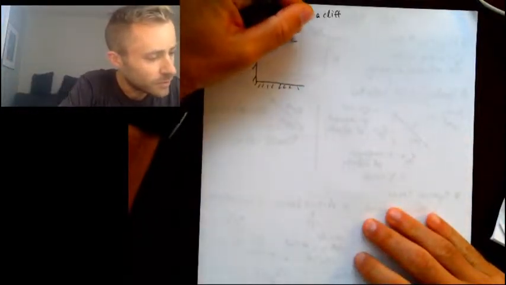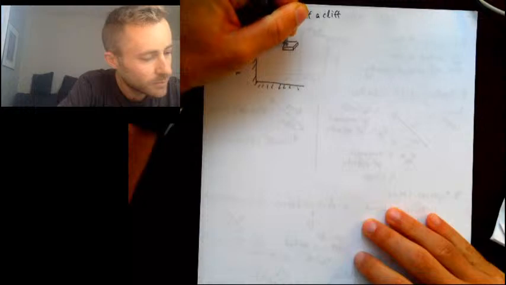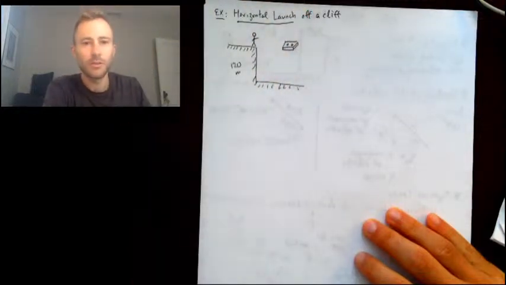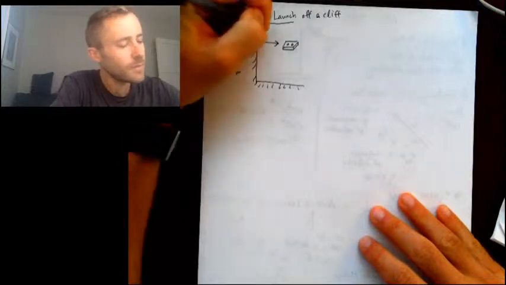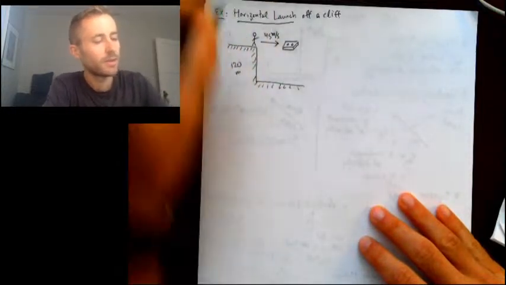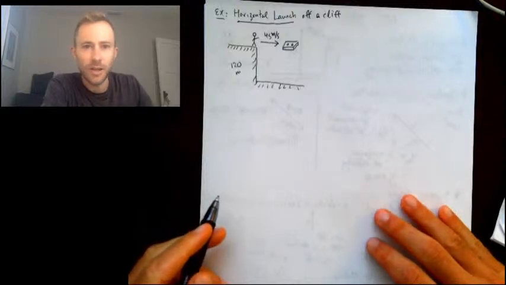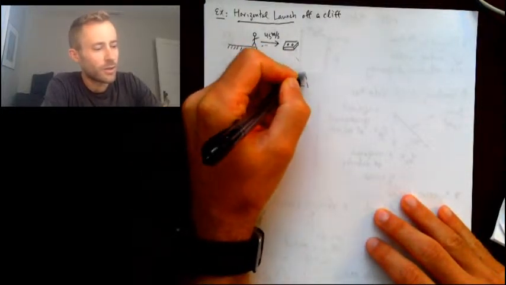horizontally. So here's the mixtape. You don't want it anymore. You're moving on. There's the mixtape. You threw it horizontally at 45 meters per second. Now the mixtape is going to undergo a curved arc.